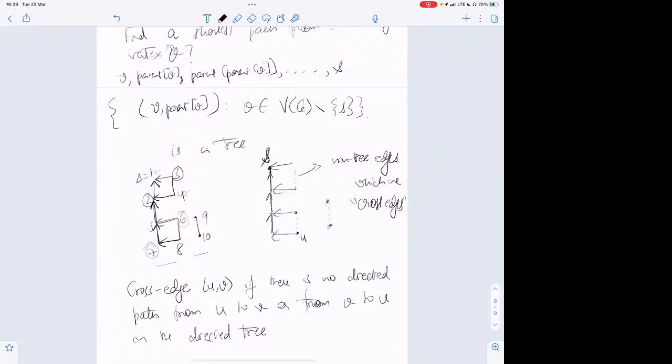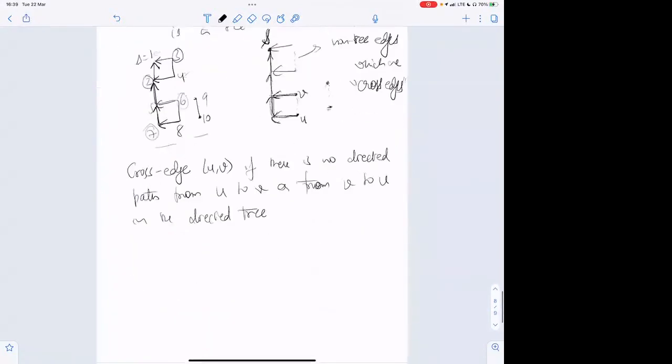Okay. So for example, this is UV. There is no directed path from U to V because there is an edge against this. In the unique tree path from U to V, one edge goes against it, and similarly from V to U, there is no path because these two edges go against it. Correct? This is called a cross edge.